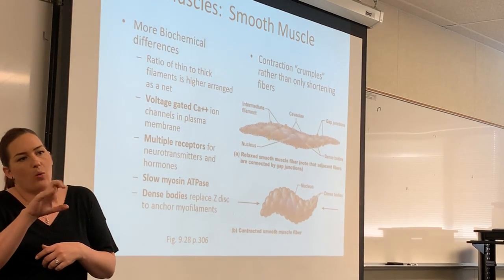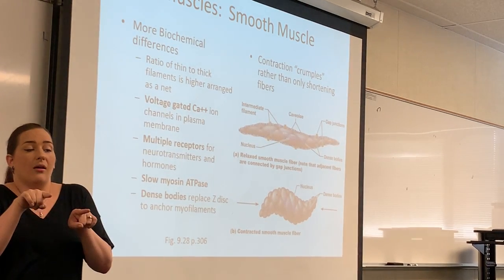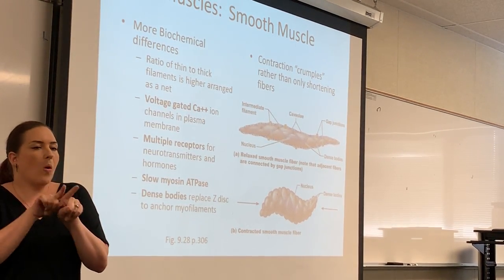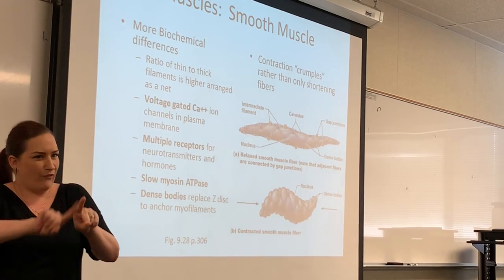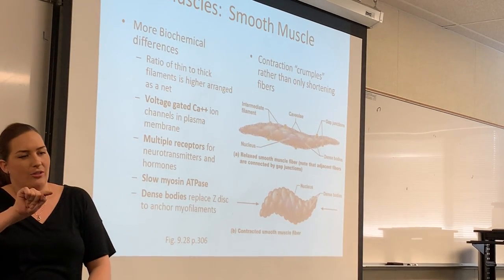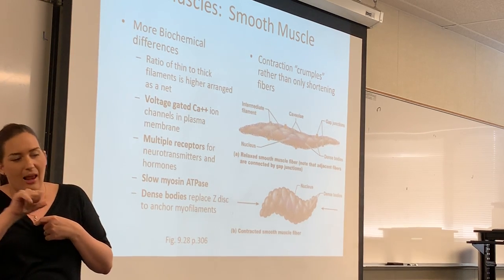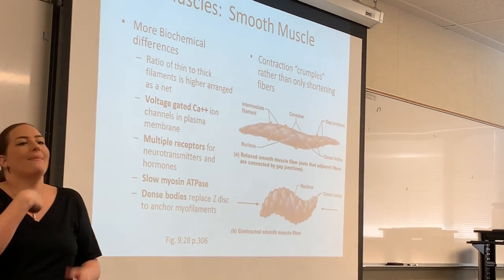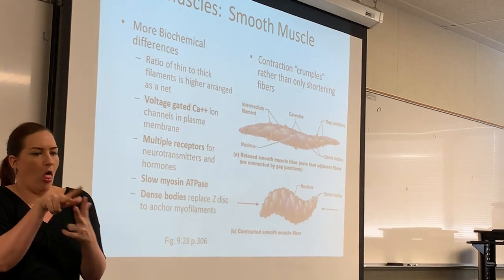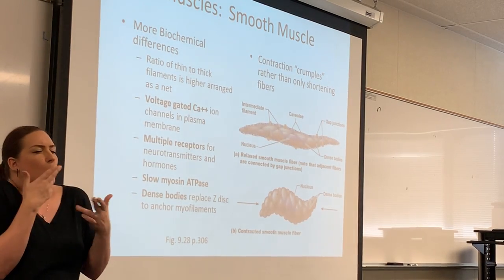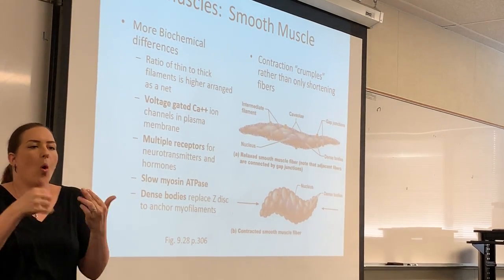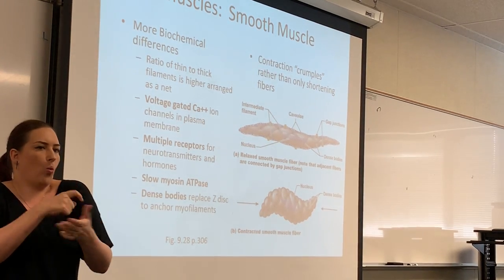So what's the similarity of all three muscle types? Listen to my question carefully. Give me two similarities to all three muscle types. Don't tell me force generation. Too easy. Give me two good similarities. What do they all require? Calcium. Okay?